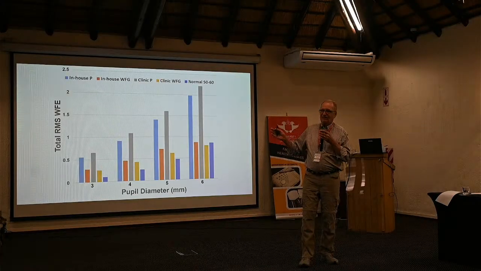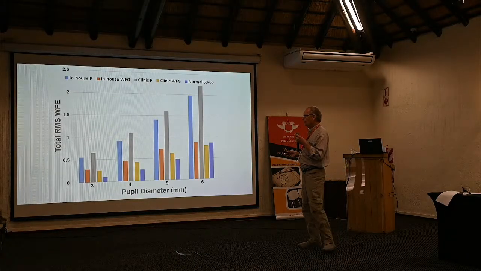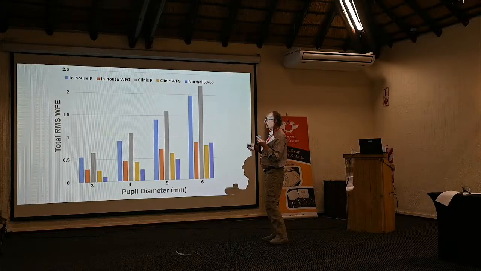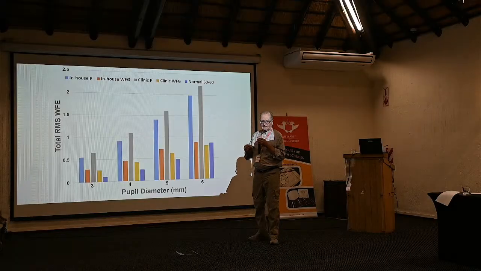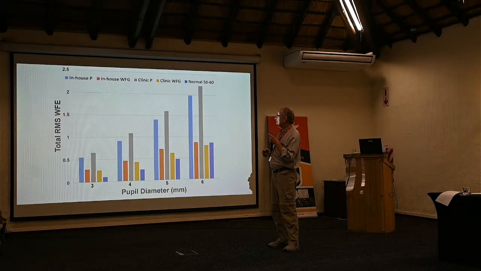What's shown is not the total aberrations they had to begin with. These are corrections, all of them. So the predicate lens before the wavefront guided, the in-house wavefront guided. These are all the studies we did in-house prior to actually having a clinician do it.